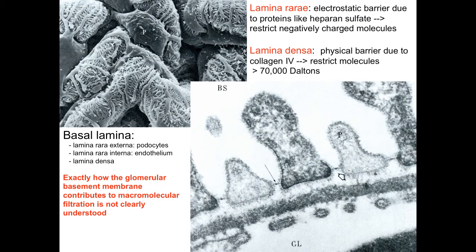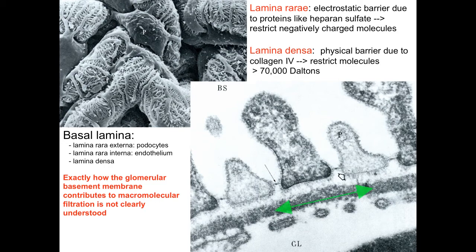What we do know is that the lamina rara, which I'm going to show here like this and here like this, and I'll label them for you in just a second, is an electrostatic barrier, and it's due to proteins in that barrier like heparan sulfate that restrict the passage of negatively charged molecules.